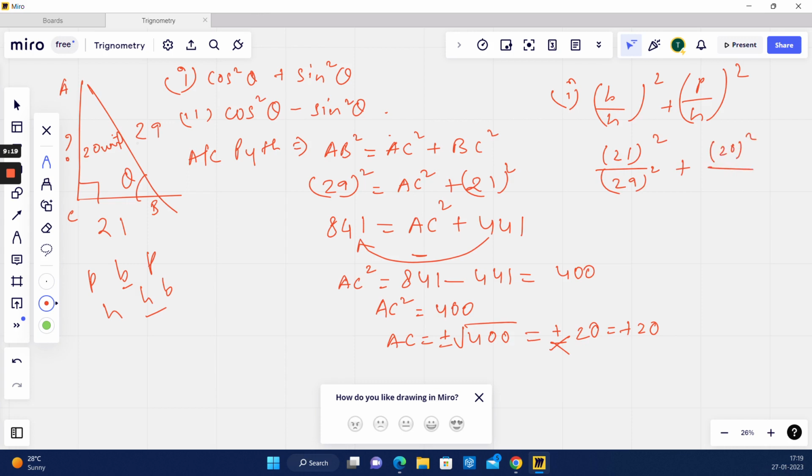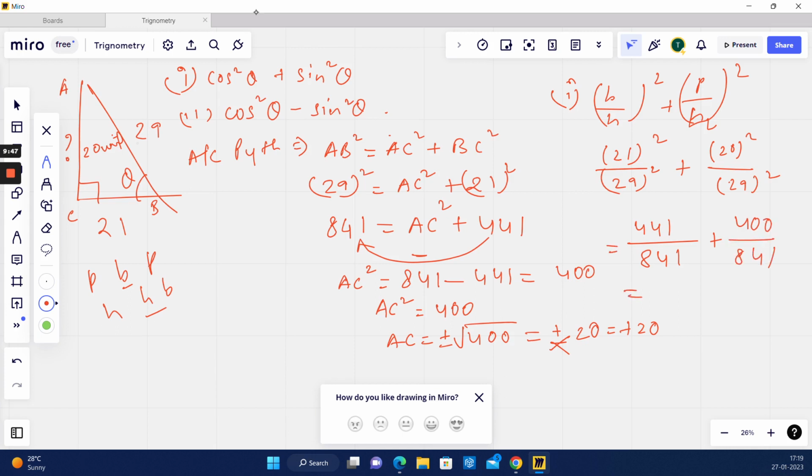Sorry, what is the hypotenuse? This is the hypotenuse. Hypotenuse is 29 square. So 21 square is 441 by 29 square is 841, plus 20 square is 400 by 29 square is 841.